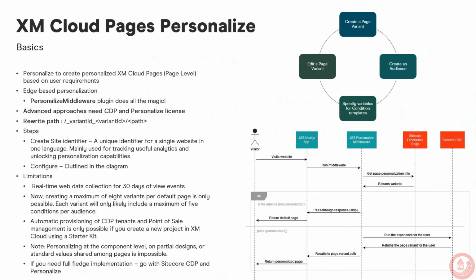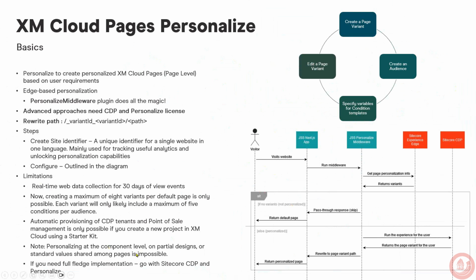You don't need to do anything. But in case you would like to create your own starter kit for whatever reason, at least I have not seen any good reason while working on XM Cloud, but you might have a scenario, then you need to figure out the mechanism for CDP tenant enablement.